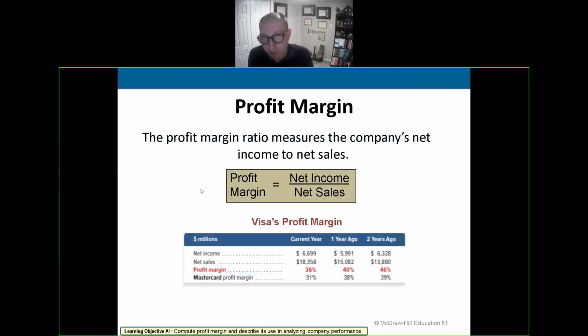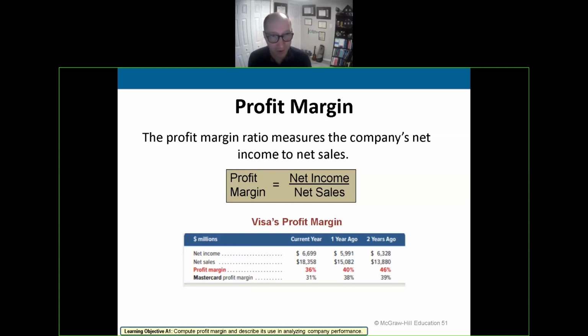So, as always, there's a couple of formulas you need to understand. This one's really important. It's called the profit margin. Yes, you got to know the profit margin of the company. You got to know whether you're making a profit, how much profit you're making off of every dollar sold.